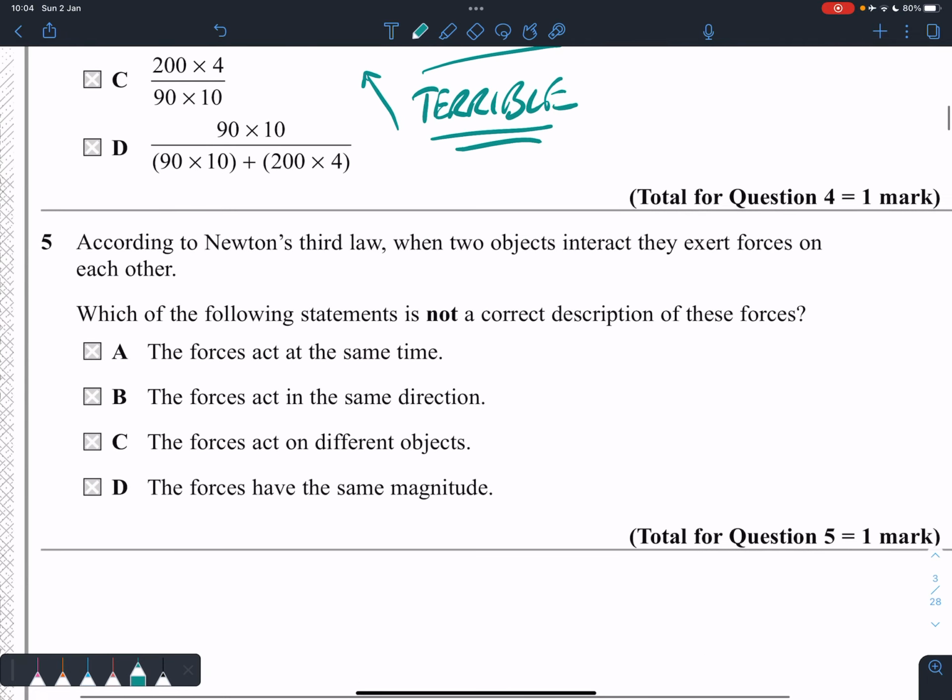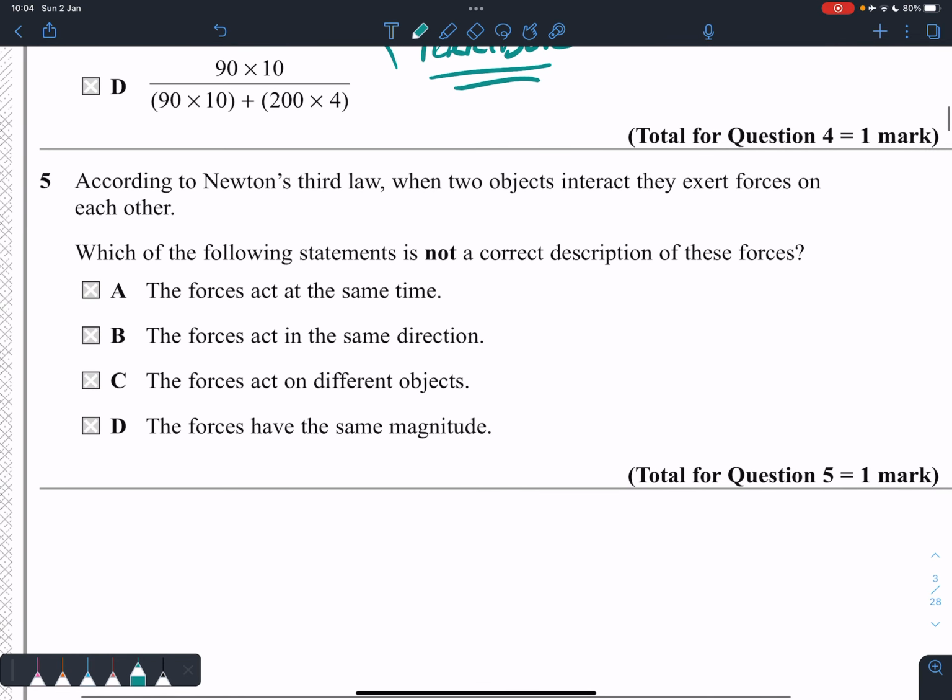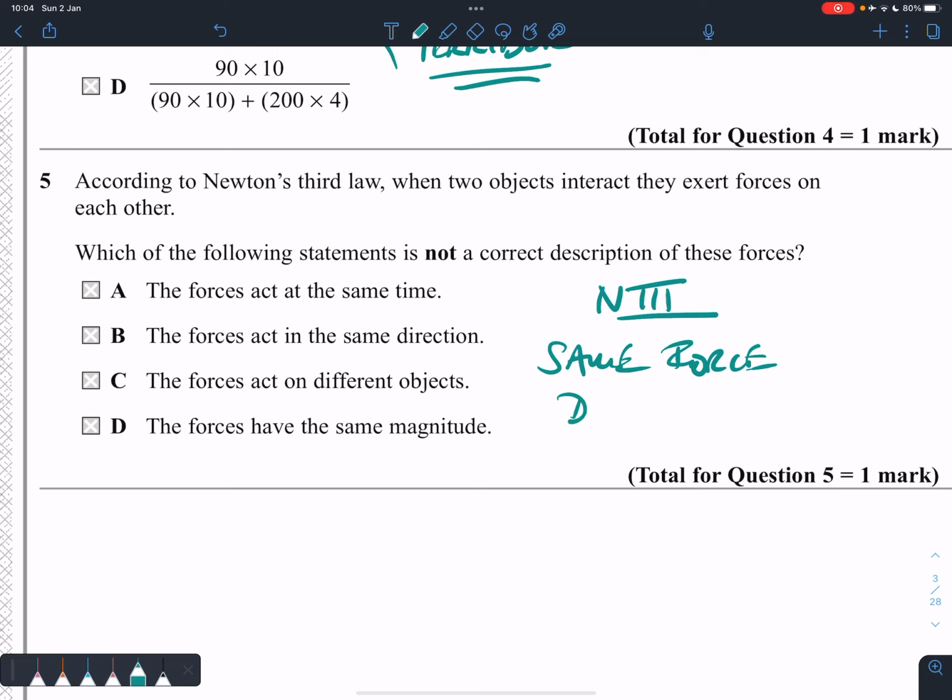Okay, number 5. According to Newton's third law, when two objects interact, they exert forces on each other. The main thing to remember with Newton 3 is that it's the same forces, but they act on different bodies, and they're in opposite directions.